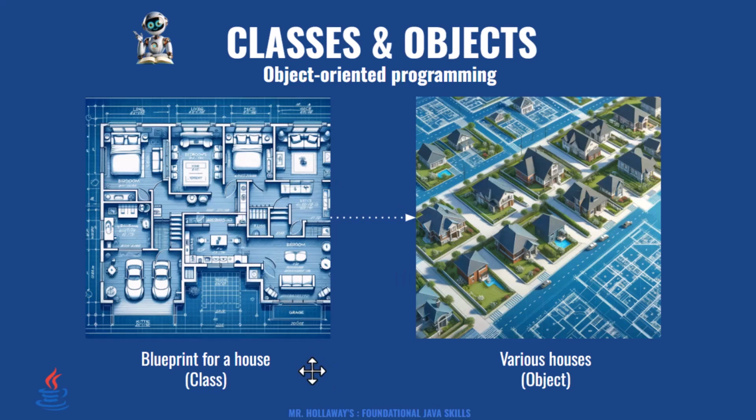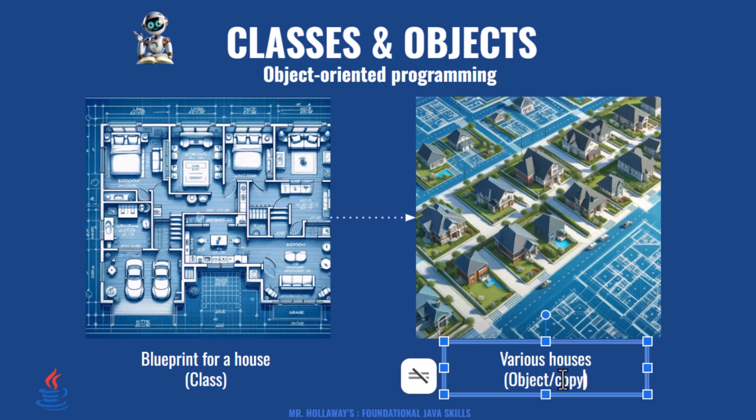And in computer science parlance, this is a class, this is an object, or we can call it a copy. Okay. These words are used interchangeably, but again, this is a blueprint.